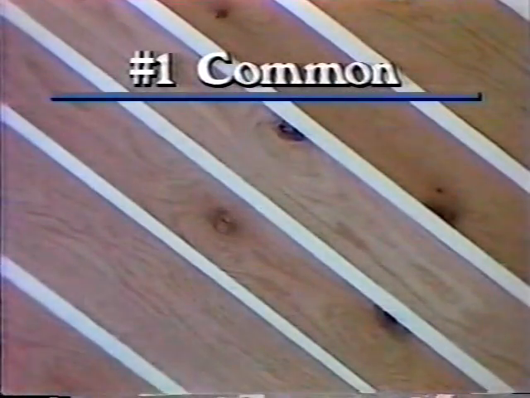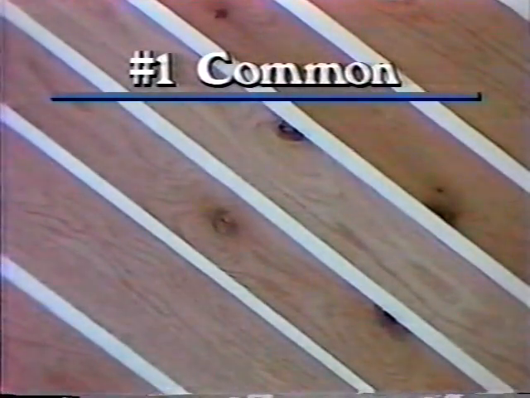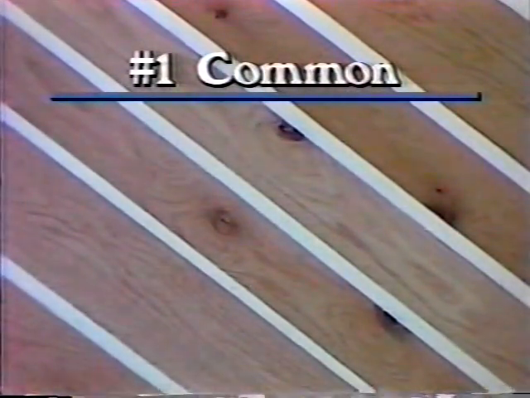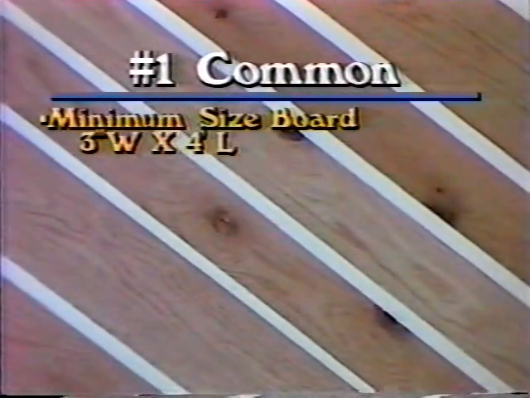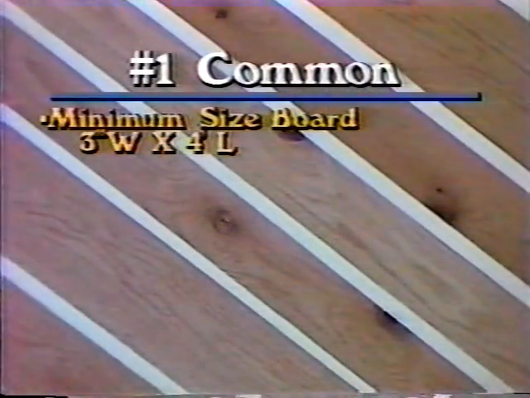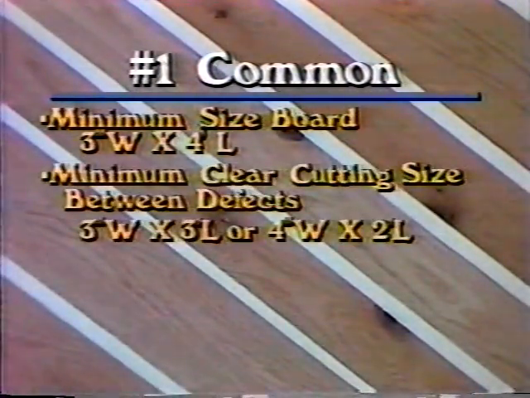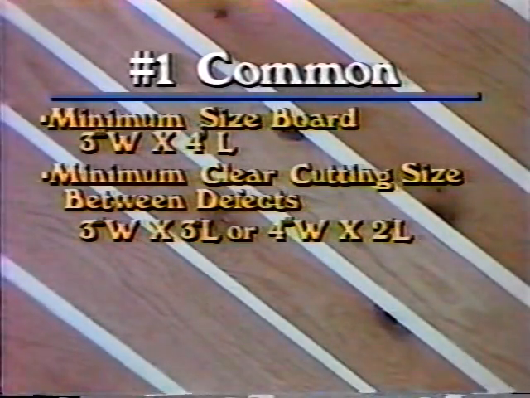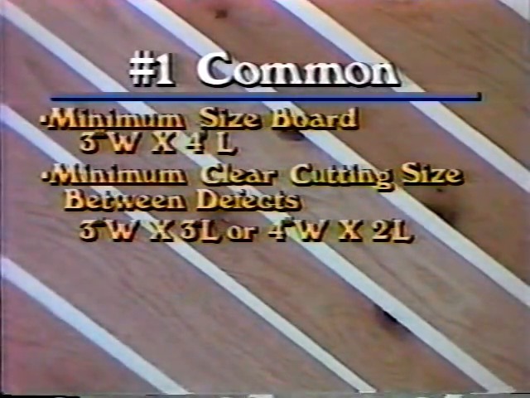Number 1 common is frequently referred to as the cabinet grade due to its required clear yield and minimum cutting sizes. The minimum size board for number 1 common is 3 inches wide by 4 foot long. The minimum clear cutting size is 3 inches wide by 3 foot long, or 4 inches wide by 2 foot long, which fits perfectly into the cabinet industry's sizes for their finished products.